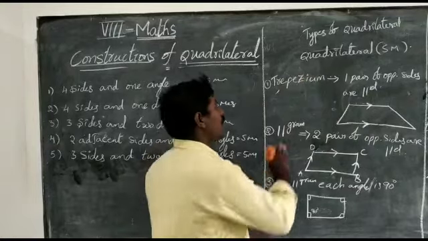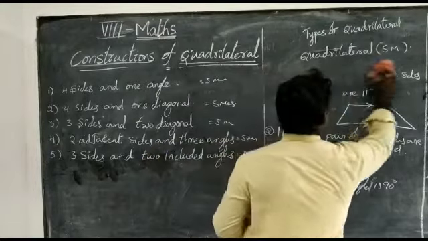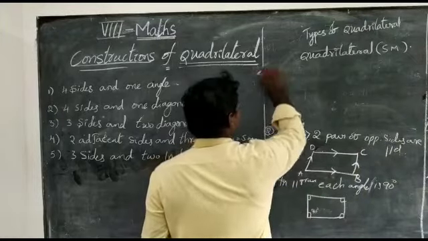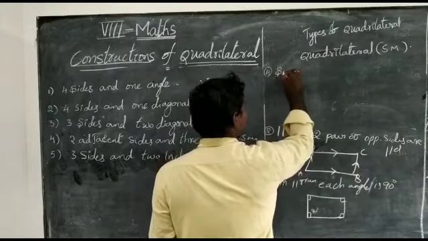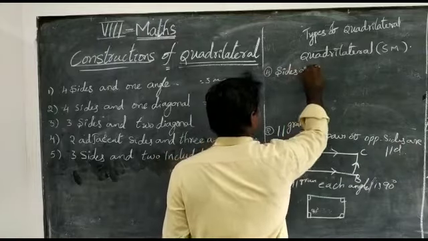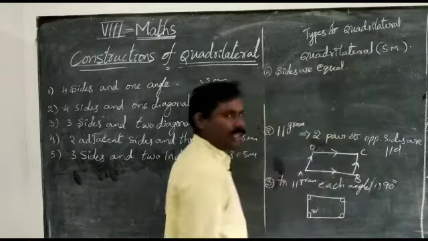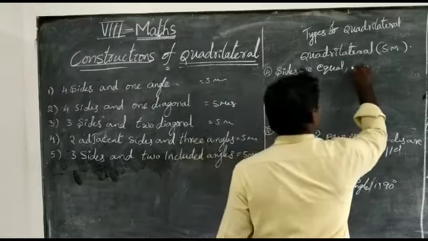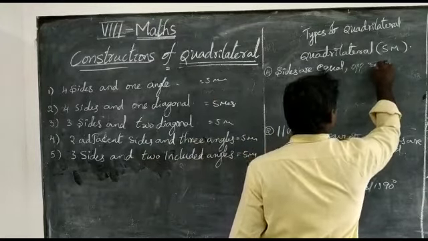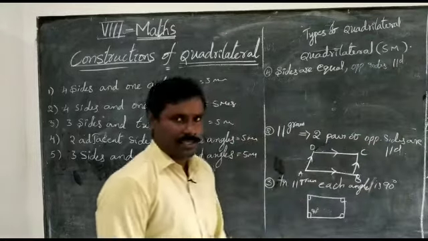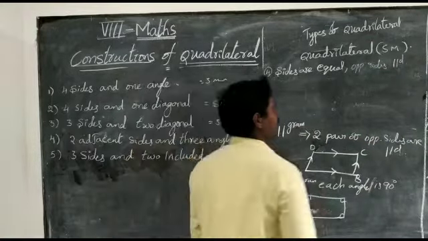Now we are going to the fourth type of the quadrilateral. All sides are equal and opposite sides are parallel.